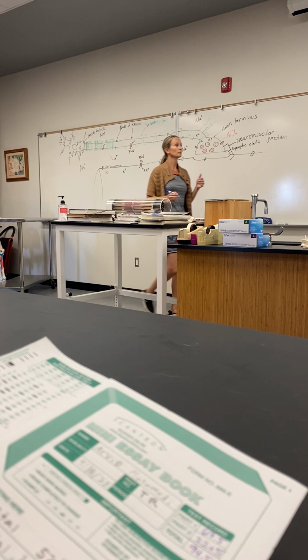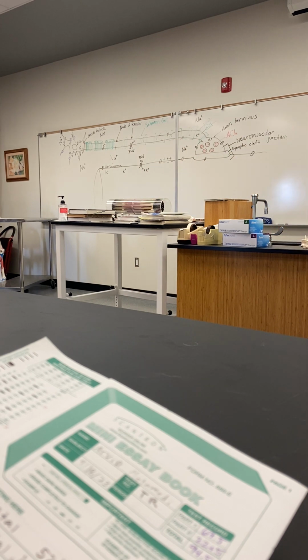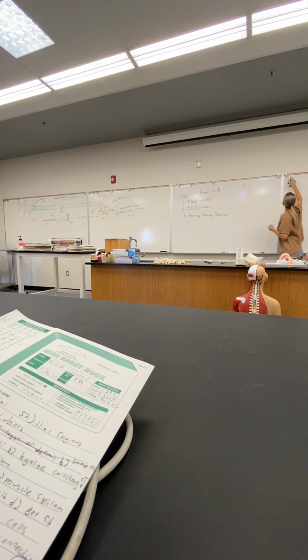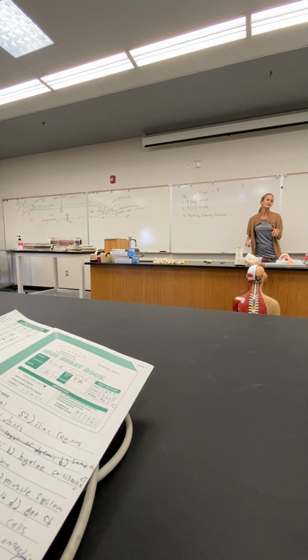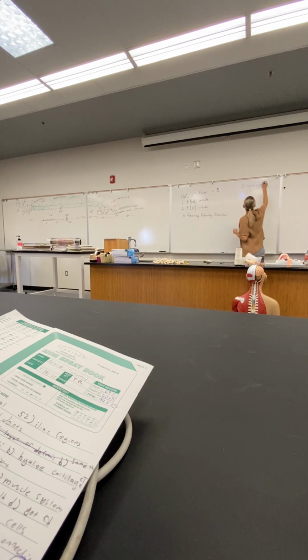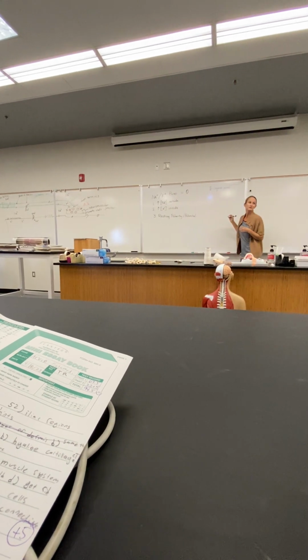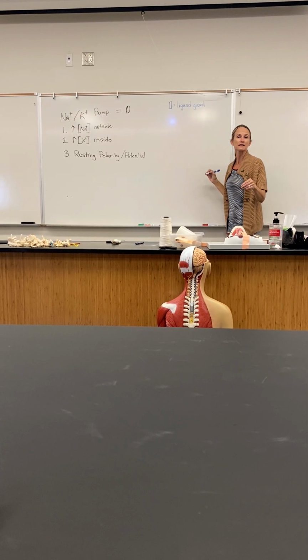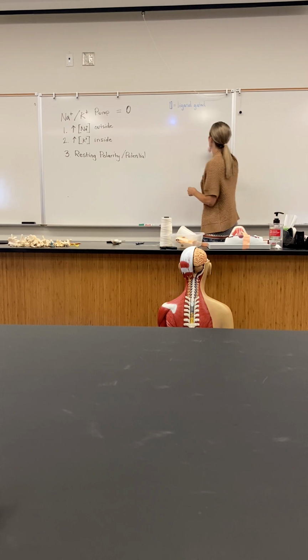So that little channel protein is called a ligand-gated channel protein. And this one is a channel protein for sodium. So we're going to make it really specific. It's a ligand-gated sodium channel protein.